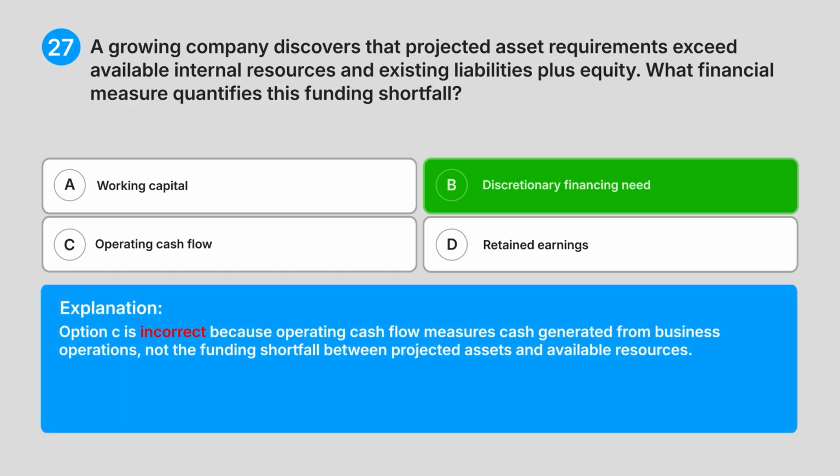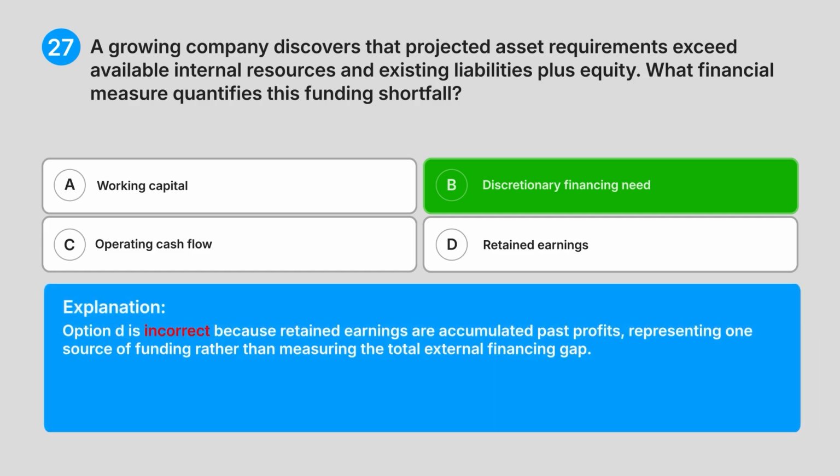Option C is incorrect because operating cash flow measures cash generated from business operations, not the funding shortfall between projected assets and available resources. Option D is incorrect because retained earnings are accumulated past profits, representing one source of funding rather than measuring the total external financing gap.